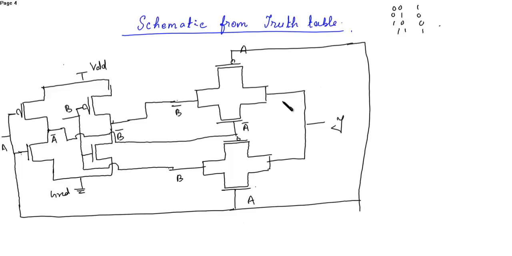Okay, so this is the schematic from the normal schematic. This is P1, P2, P3, P4, N1, N2, then N3 and N4. So you can see there are 4 PMOS and 4 NMOS.